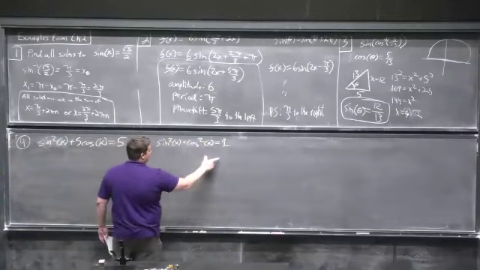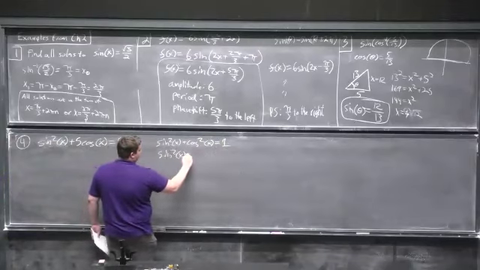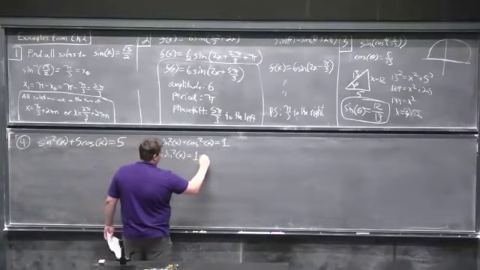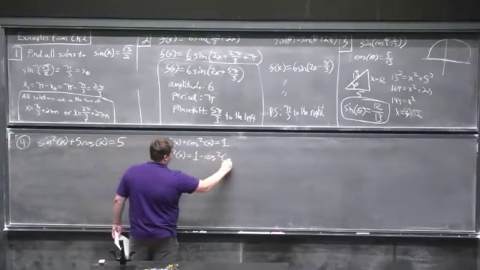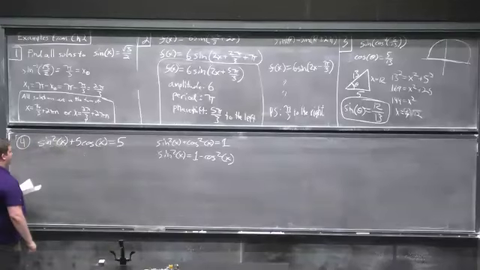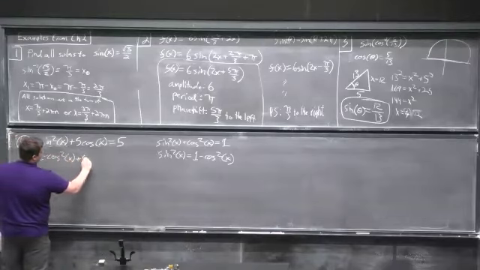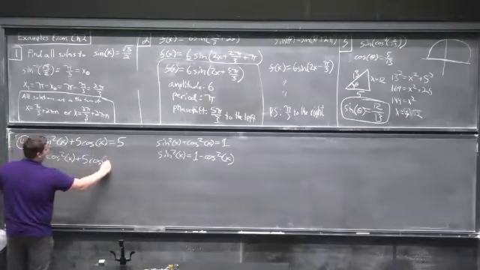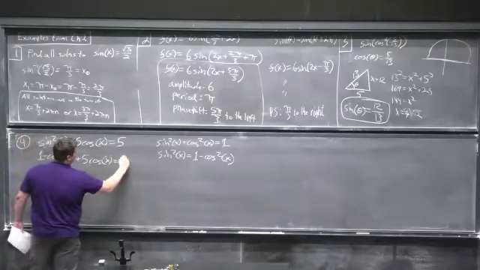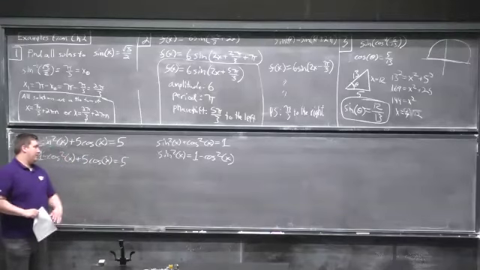Well, if I subtract cosine squared to the other side, I get sine squared x equals 1 minus cosine squared x. So I'm going to substitute that in for our sine, getting 1 minus cosine squared x plus 5 cosine x equals 5.